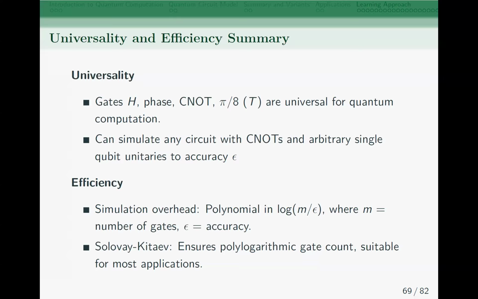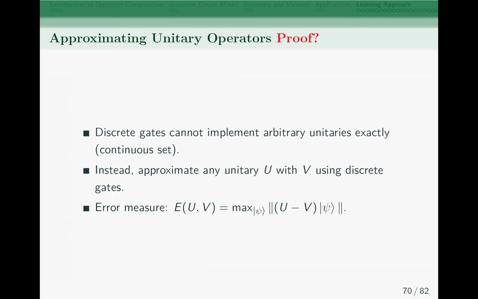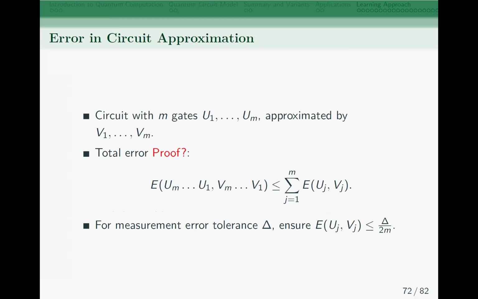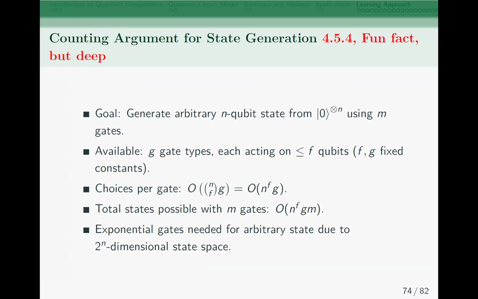These are single qubit unitaries, these are 2 qubit, and these are enough to generate an approximate arbitrary unitary. It feels amazing that you only need finitely many, just 3 of them. Yeah, so I skip this proof.